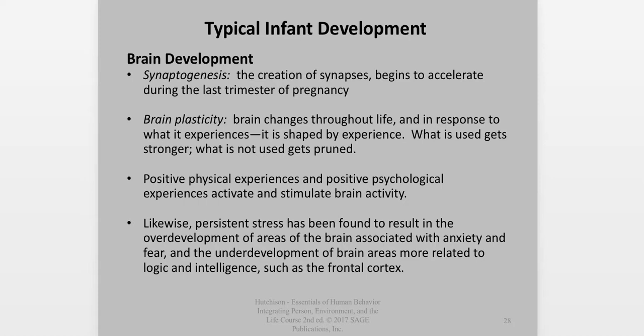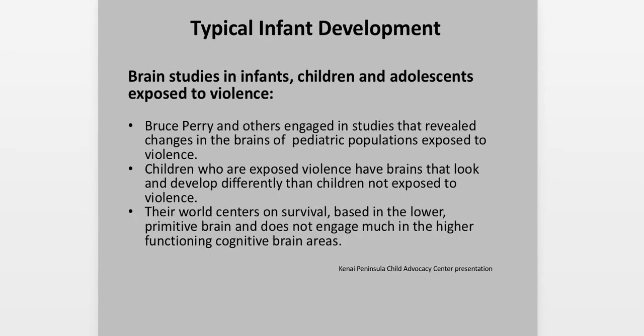Well, PET studies and other kinds of things have demonstrated differently. There are studies that show that changes in the brains of pediatric populations who are exposed to violence are pretty common. And these are physical changes in the brain, you understand.